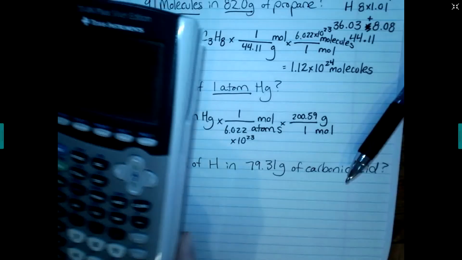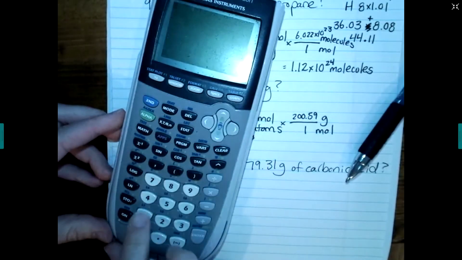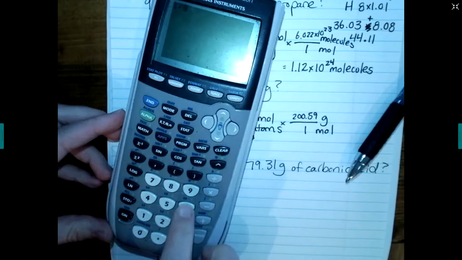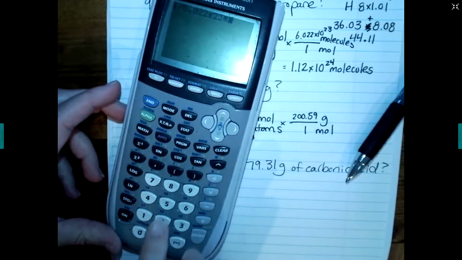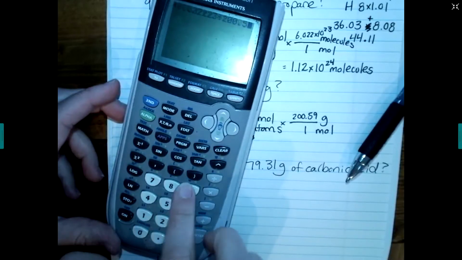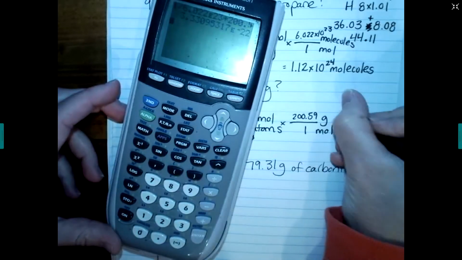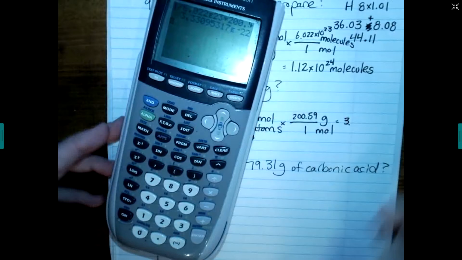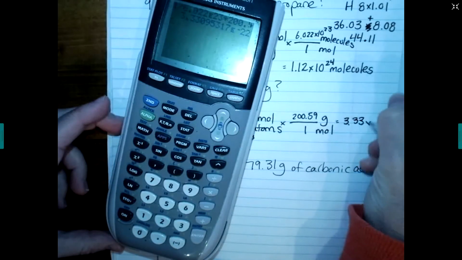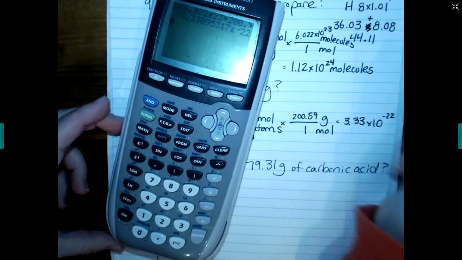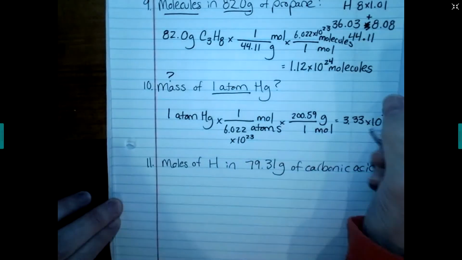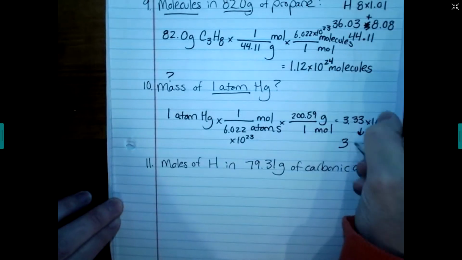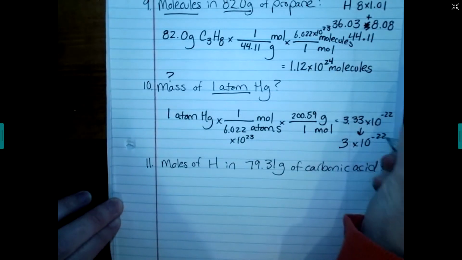And plugging that in, we're going to type in 1 divided by 6.022 times 10 to the 23rd times 200.59. And we get 3.33 times 10 to the negative 22nd. Now, if you're paying attention to significant figures, since our original number was just 1 sig fig, we would round this to 3 times 10 to the negative 22nd grams.